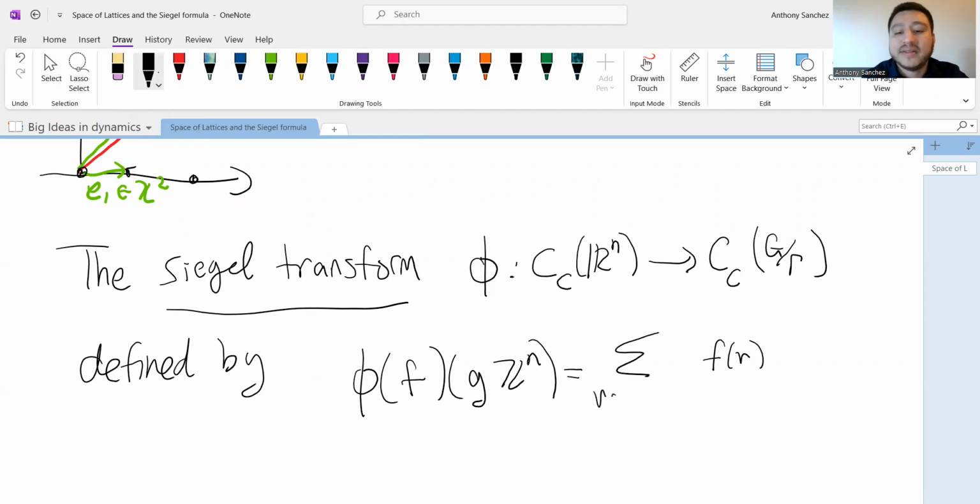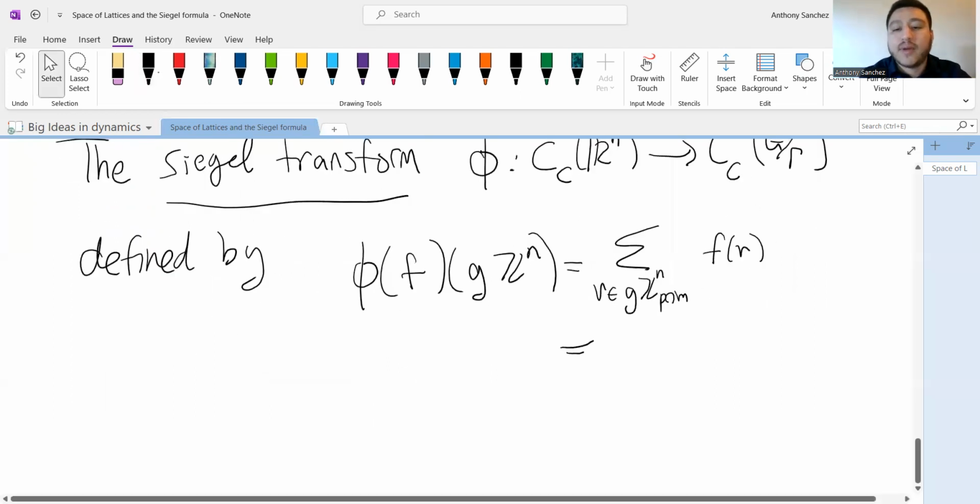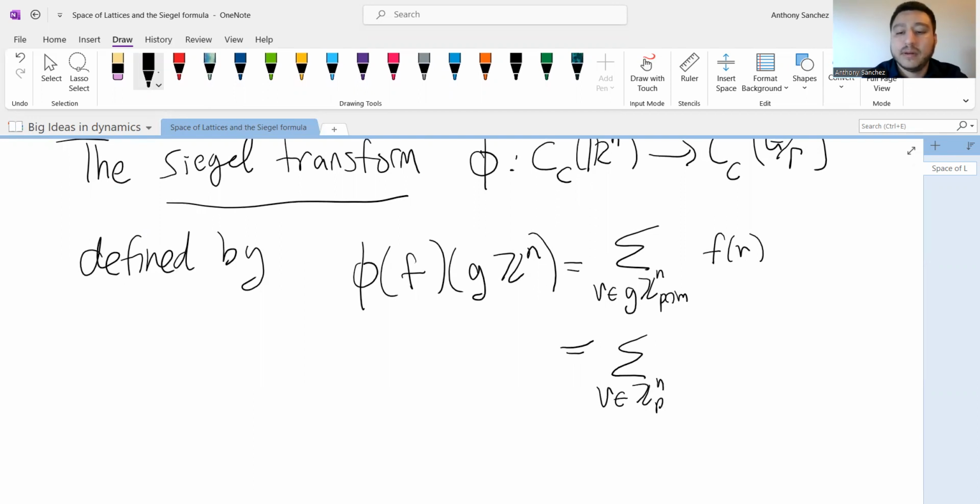I want to eat the vectors that are lying inside of the primitive lattice points of this lattice, which are just G of the primitive lattice points of the standard integer lattice. And a short calculation can confirm for us that another way of writing this sum is as v inside of the primitive lattice points of their shifts.